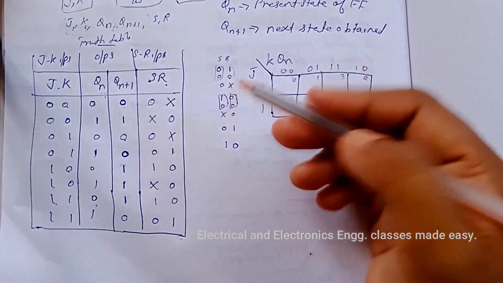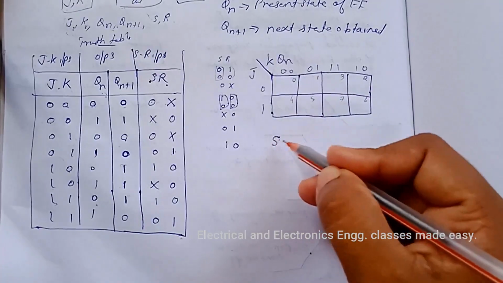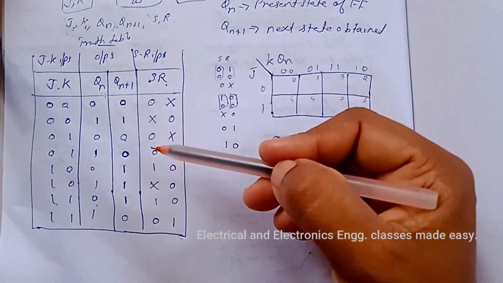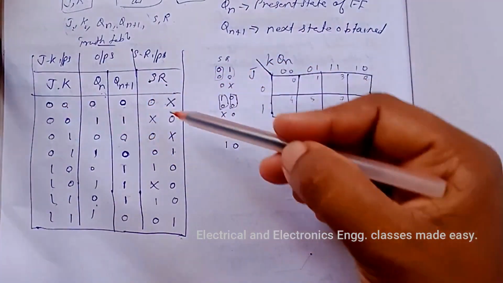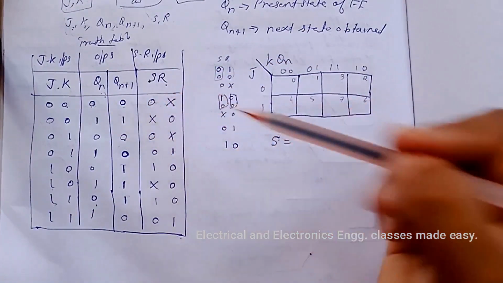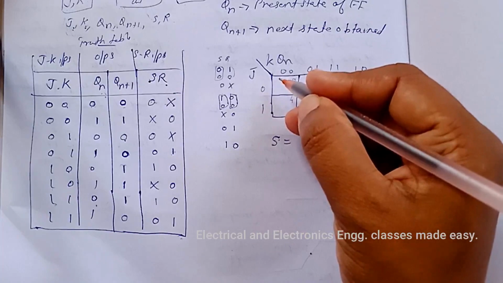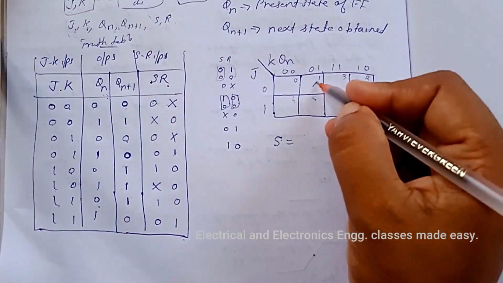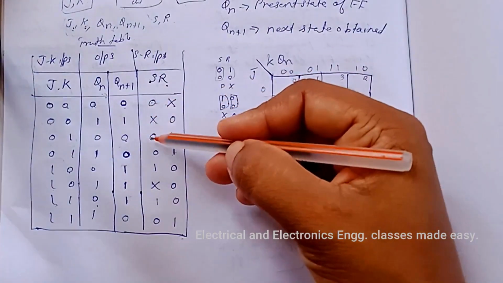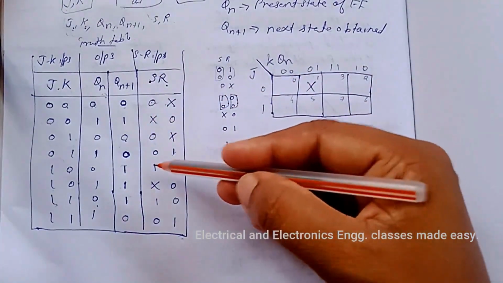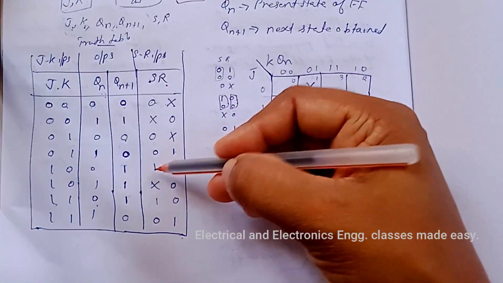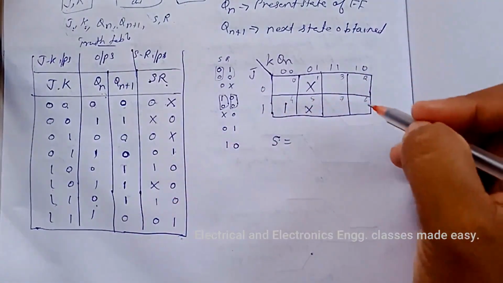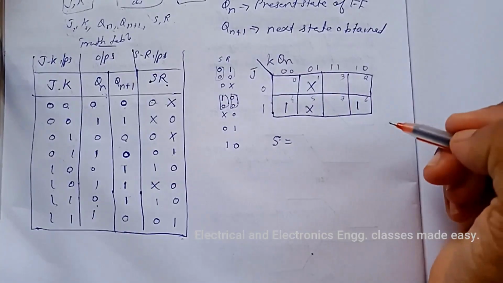So here first one is S. So let us design for S, the input S, that is 0 0 0, then don't care, 0 0, then 1 1, don't care, then 1 is 6 here.